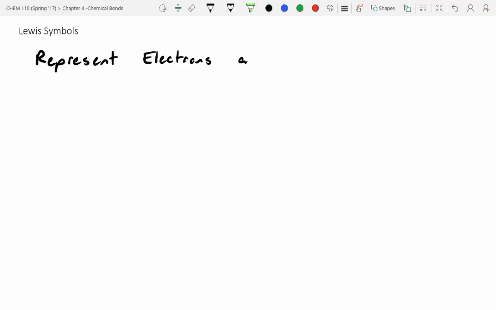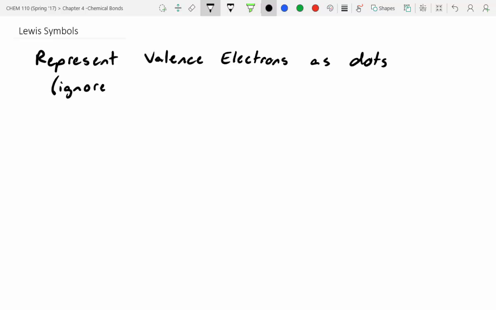Actually, let me rephrase this. Represent valence electrons as dots. We're going to ignore core electrons.